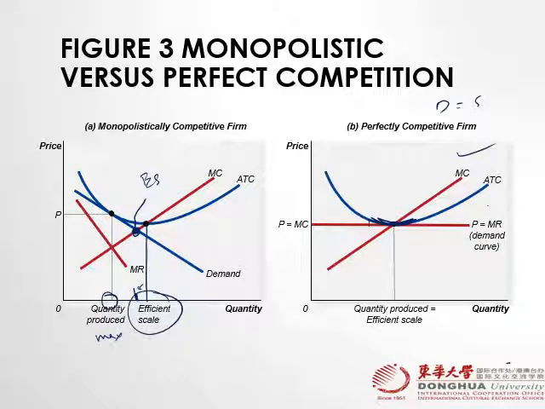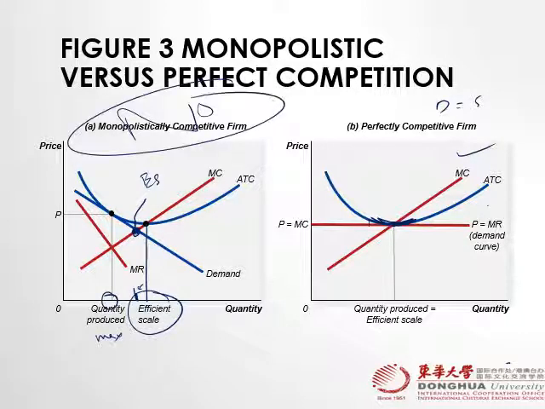So my question is whether the monopolistically competitive firm is desirable for the welfare of society or not. The answer is no. The problem is not earning the profit. The problem is producing not enough to satisfy all the customer needs, all the societal needs, right?